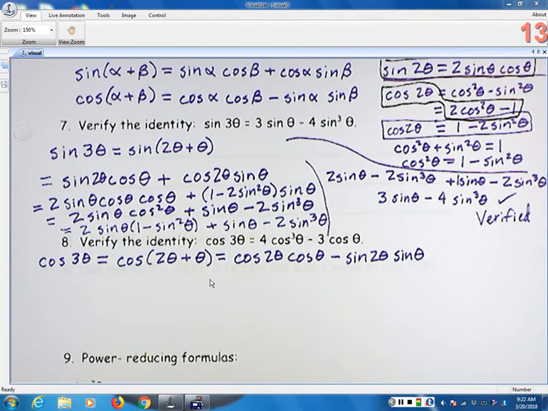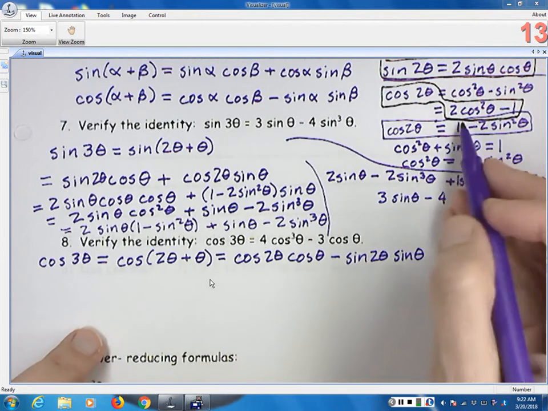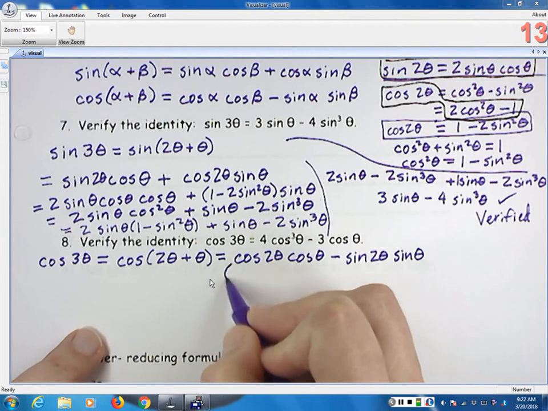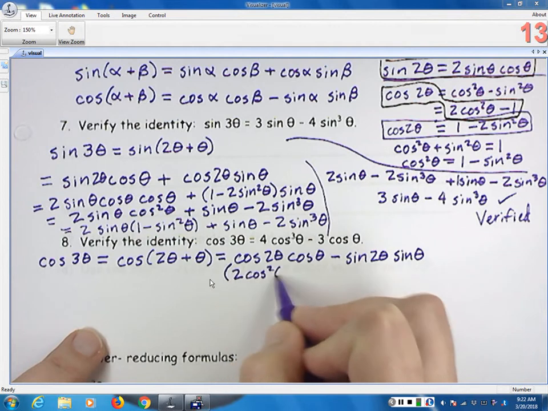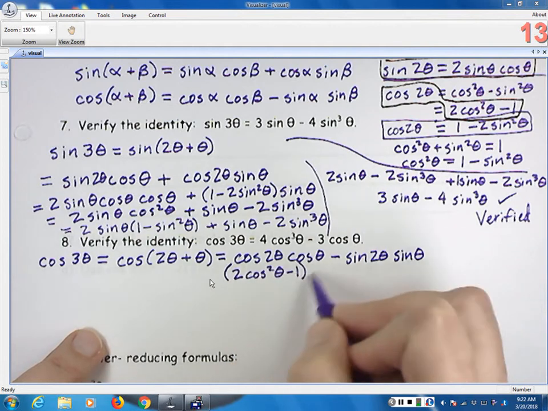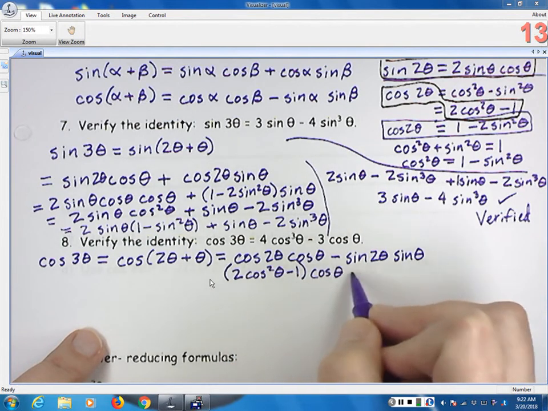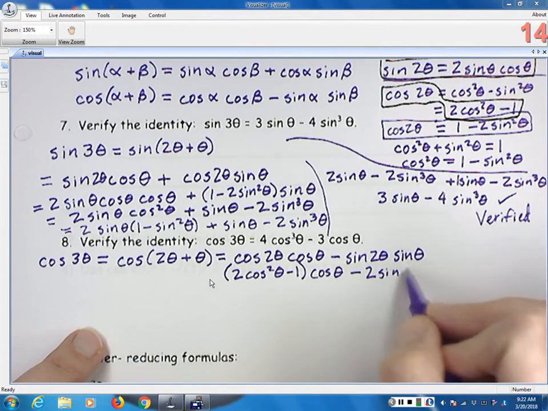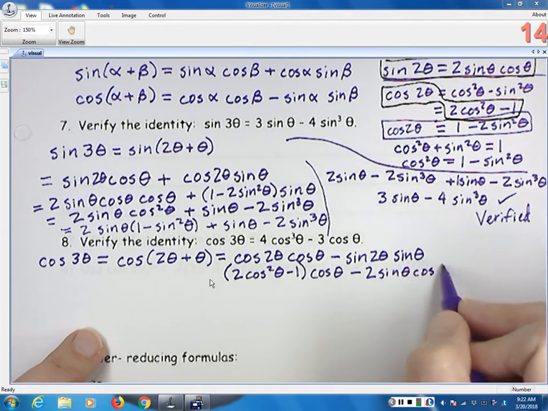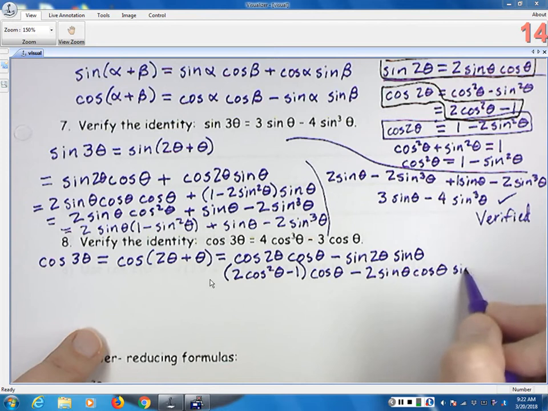So cosine 2 theta is replaced with 2 cosine squared theta minus 1. Sine 2 theta is replaced with 2 sine theta cosine theta times sine theta.